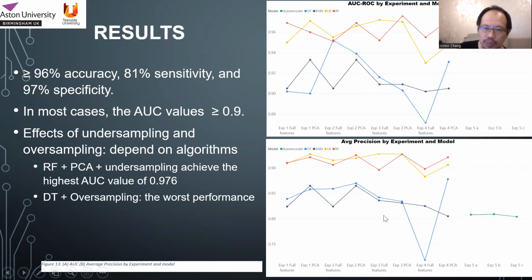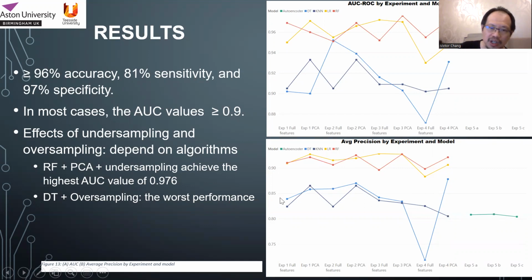Then with the average precision, that's another type of experiment, we determine whether there's a good detection of fraud. We notice that there is a very high consistency for both logistic regression and random forest. The results are very high, and especially towards the end, random forest seems to get slightly better outputs.